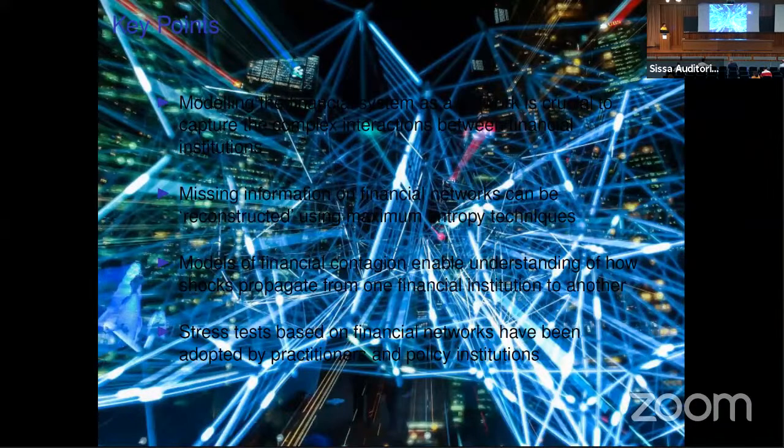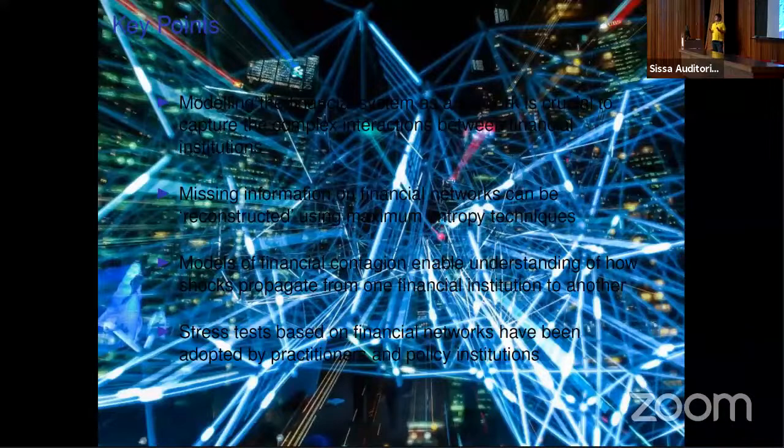And second, it allows you to model the dynamics of propagation of financial shocks over this network structure. All together, this allows you to build precise recipes to do stress tests on financial networks that are actually used by regulators as of today.